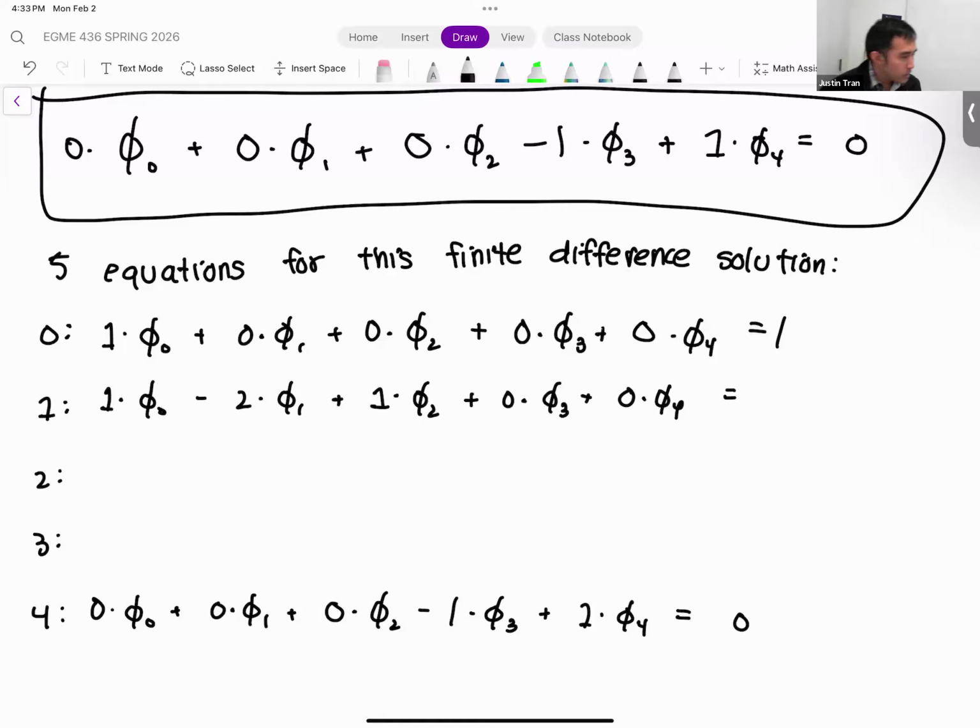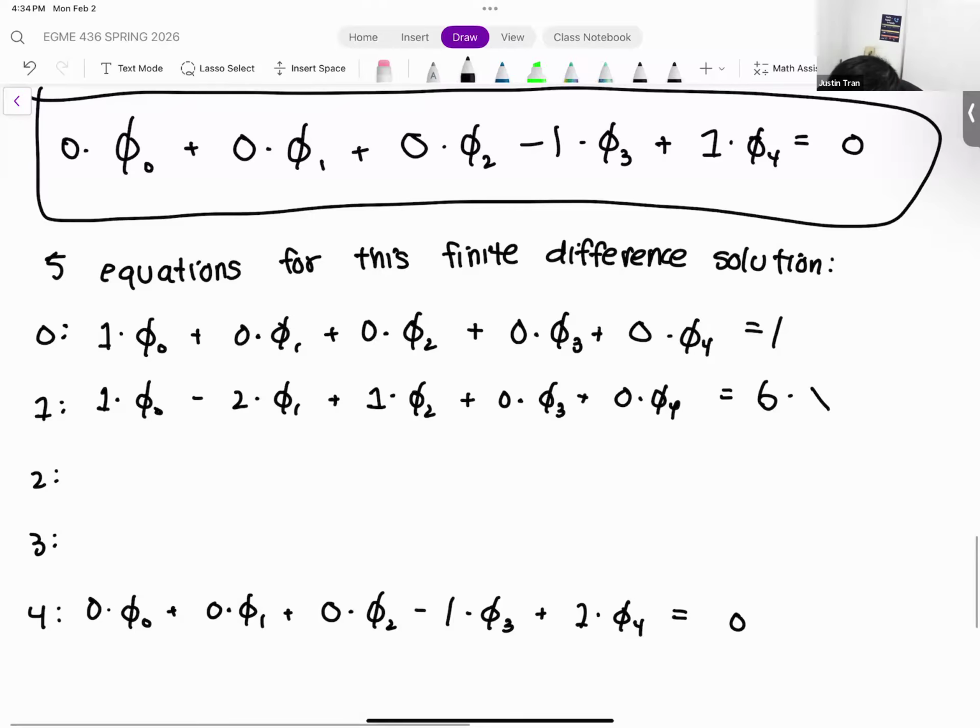Remember, all of our interior equations are based on our original differential equation, which in this case was d squared phi dx squared is equal to 6x. And so we have 6 times x. In this case, it's x1, the x value of node 1, multiplied by delta x squared.